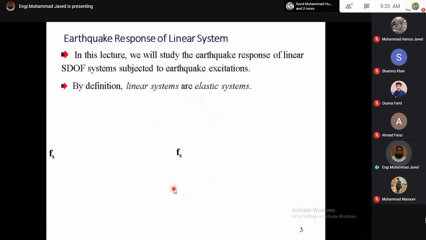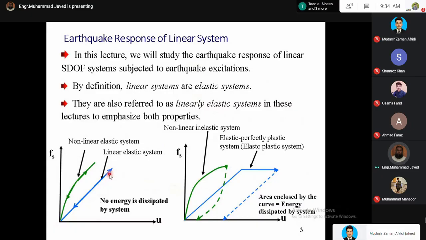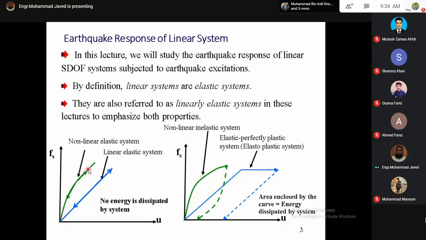As I just discussed, a linear elastic system is one which comes back to its original position when the applied action is removed. A system may be elastic, but sometimes it may not be linear elastic. For example, this system is also elastic, but the force displacement curve is not linear.